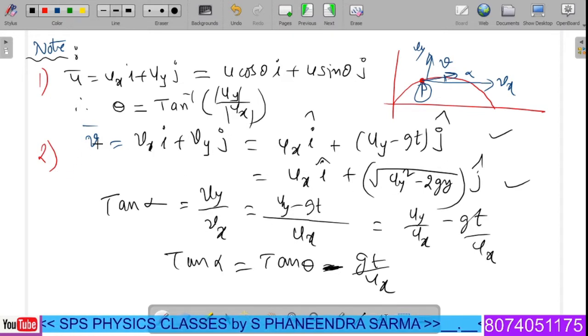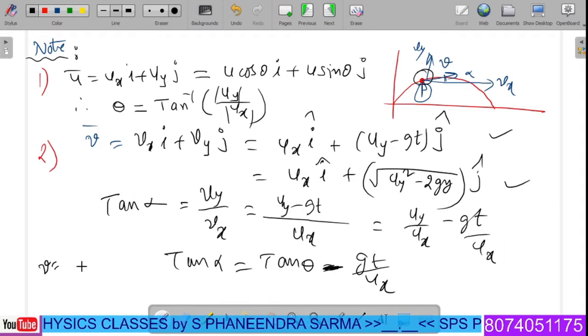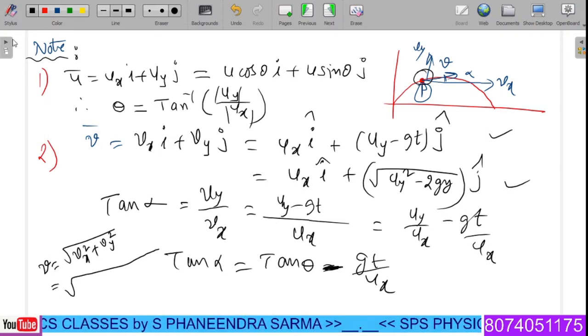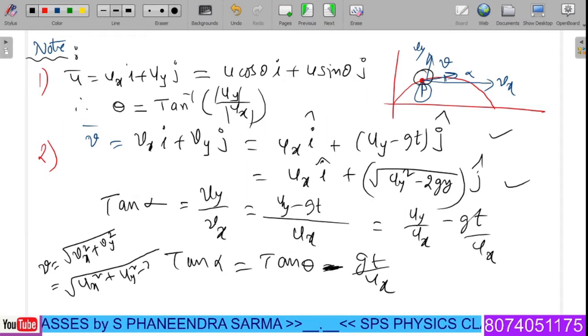Now, suppose they ask you what the speed of that particular particle is at that particular time. So we have to calculate the speed. How to calculate speed here? The speed of the projectile V is given by root of x square component plus y square component, so root of Vx square plus Vy square, that is Ux square plus Uy square minus 2gy.